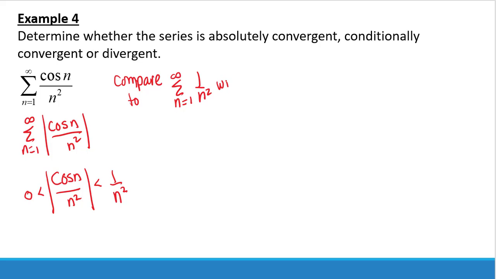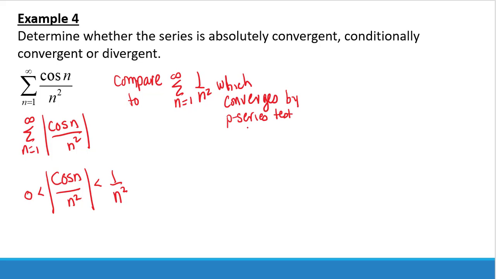So what I'm doing is the direct comparison test. I'm going to compare this series to this series, which converges by the p-series test. P in this case is equal to 2, which is greater than 1.